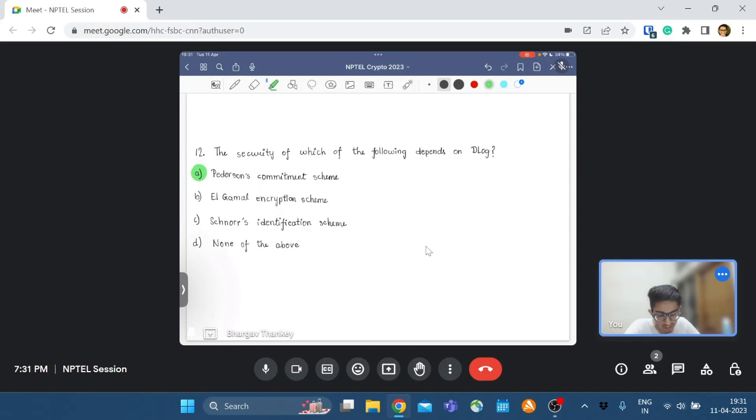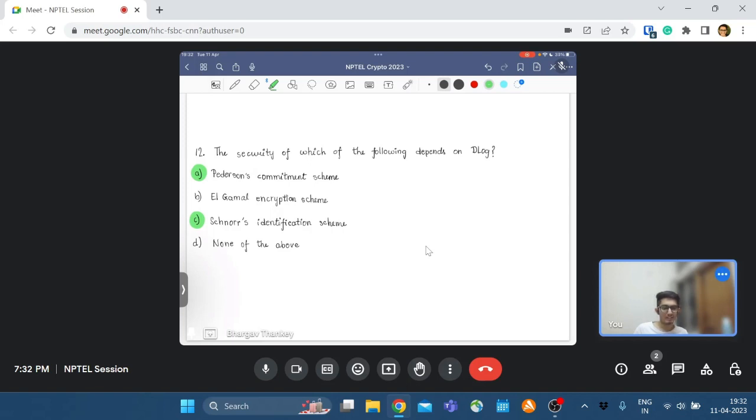What about C? We saw Schnorr's identification scheme this week, and we saw that its security also depends on the D-log assumption. So C is true. And what about D? Well, D cannot be true because A and C are true. So options A and C are true. The security of the Pedersen commitment scheme and Schnorr identification scheme depends on the D-log assumption. In particular, Pedersen commitment scheme is a commitment scheme, so you have two security notions, hiding and binding.